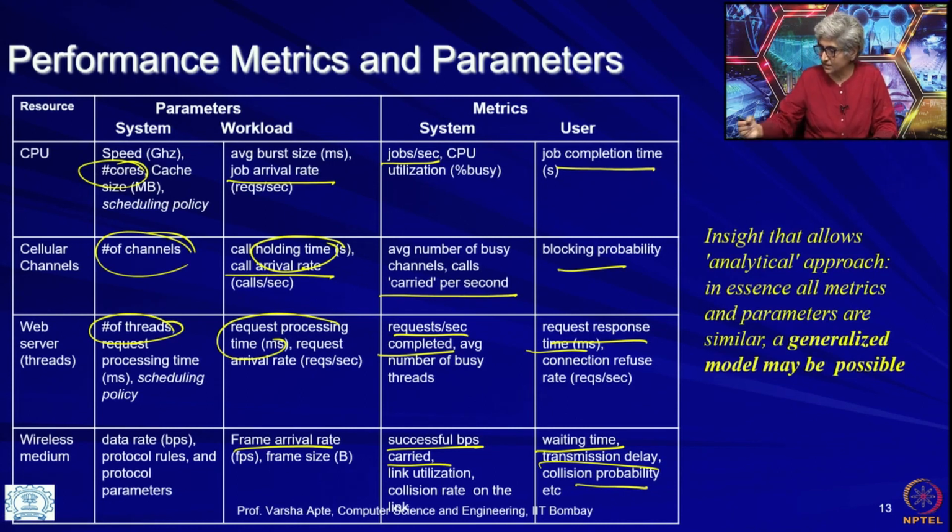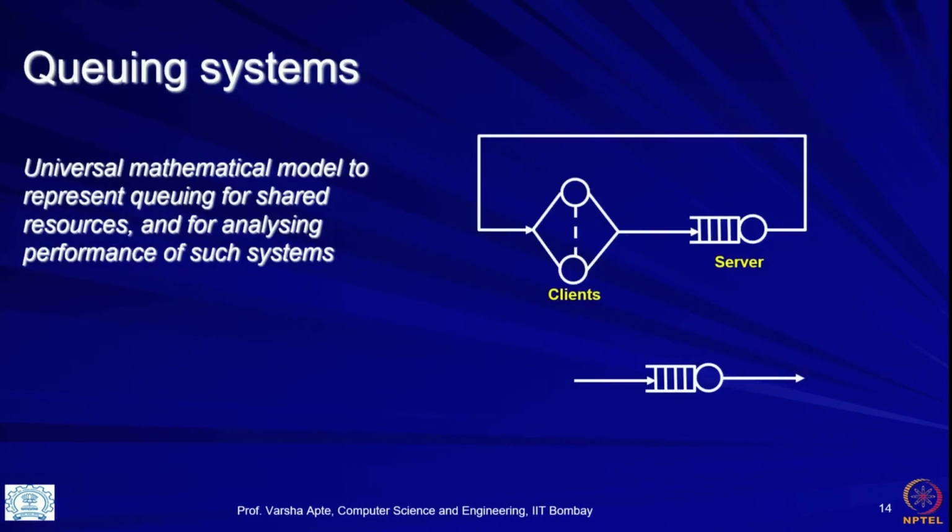So, the insight that allows an analytical approach is that in essence all metrics and parameters are similar, and we can try and generalize this view. Which brings us to the last slide here, which is that this generalized view is what is called queuing systems.